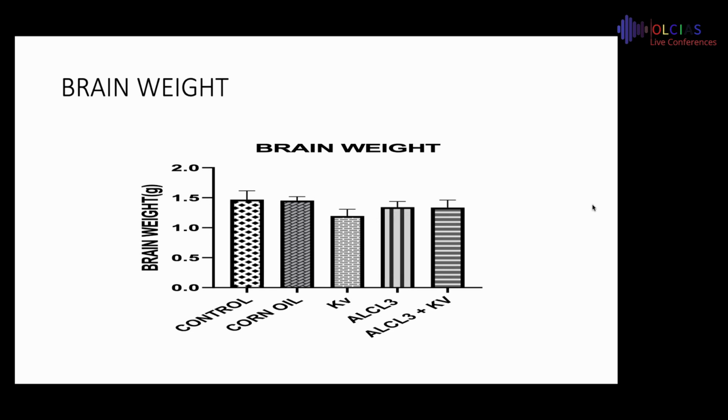That tells us that this group is still undergoing a kind of recovery stage. So aluminum chloride has the ability to cause a decrease in brain weight, as we've seen here, compared to a normal experimental animal that is not given any toxic agents. So the next slide.